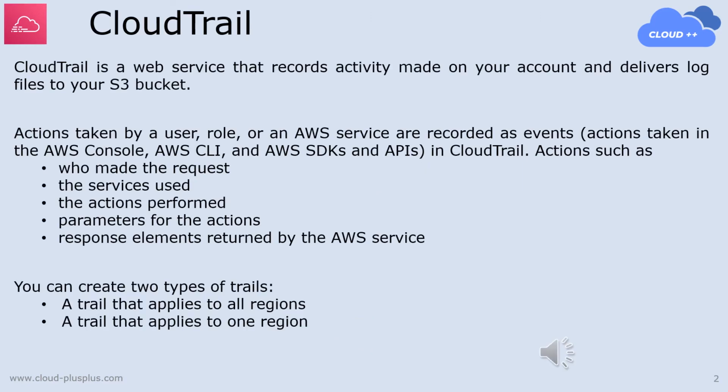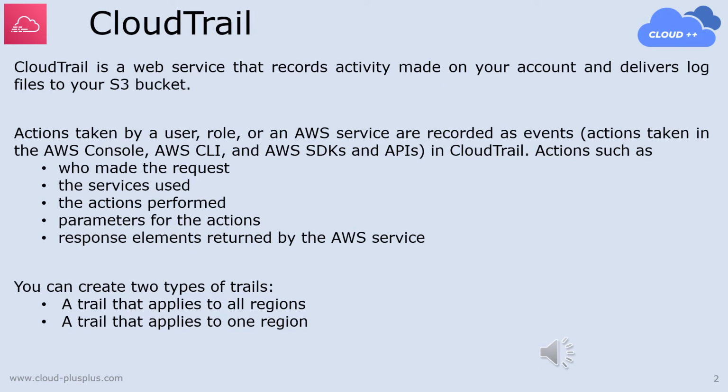AWS CloudTrail is a web service that records activity made on your account and delivers log files to your S3 bucket. CloudTrail provides visibility into user activity by recording actions taken on your account. Activities are actions taken by a user, role or an AWS service and are recorded as events.